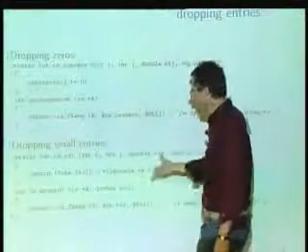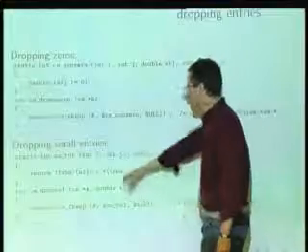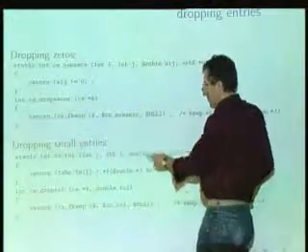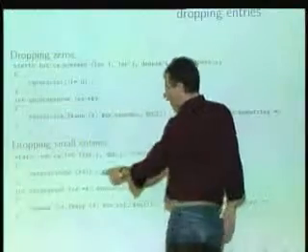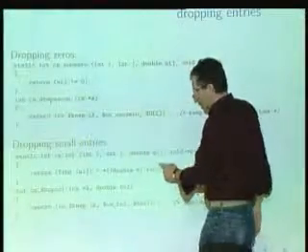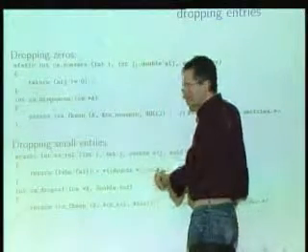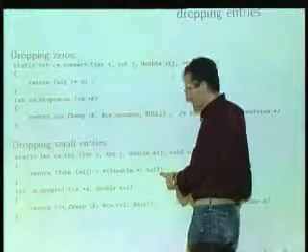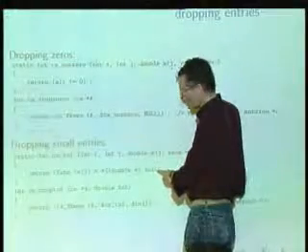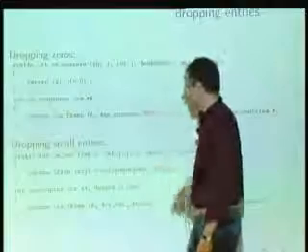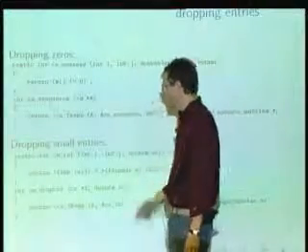If I want to drop small entries, then I could pass in this function as a pointer, which computes the absolute value of the entry, and if it's larger than the void pointer typecast to a double pointer and then dereferenced to get the tolerance, then I keep it. So to drop tiny entries, I just do this.